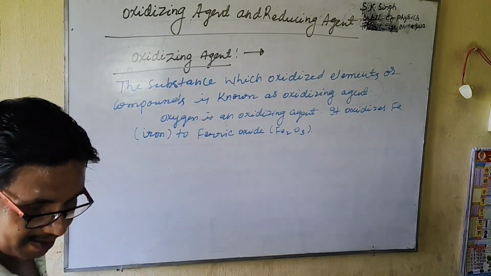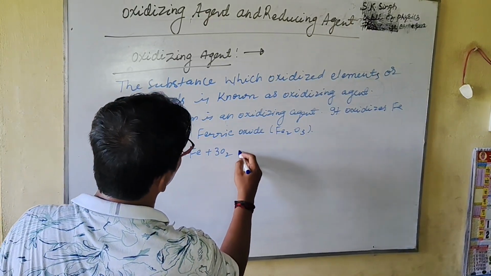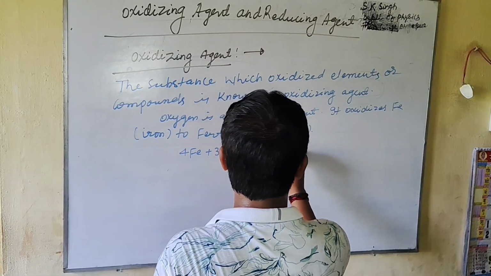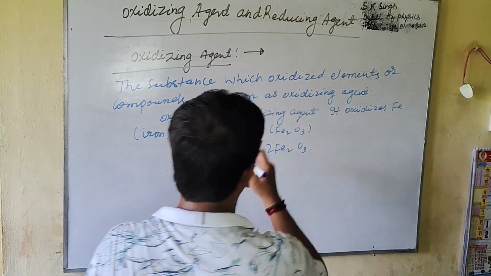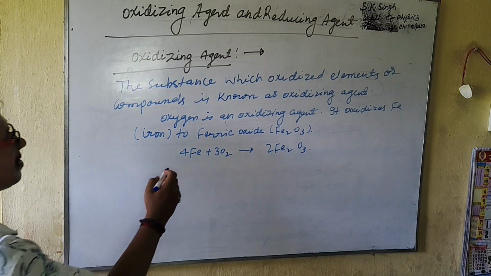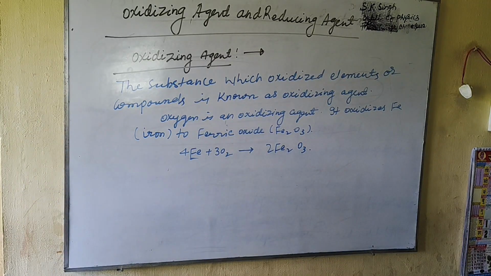So you can take the reaction 4Fe plus 3O2 gives 2Fe2O3. This is the oxidizer which oxidizes the element. Oxygen oxidizes the iron, giving ferric oxide.